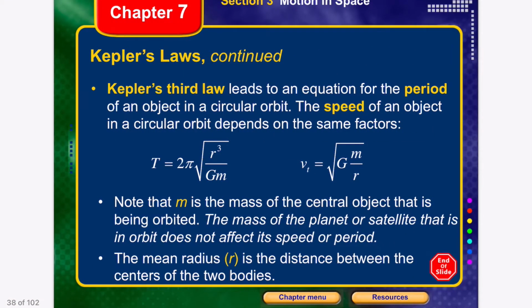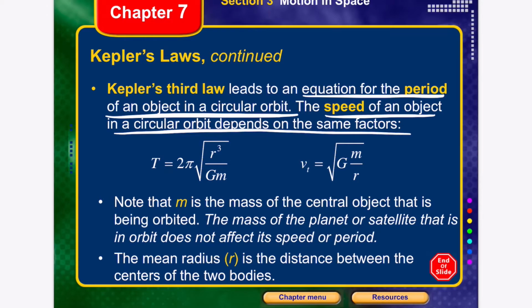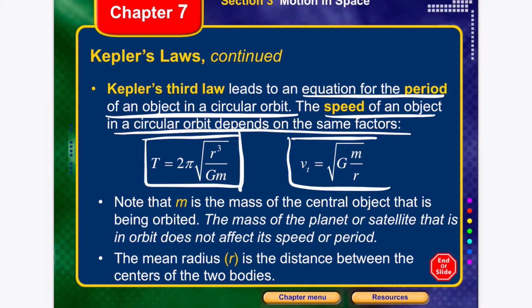Kepler's third law can also lead to an equation for the period of an object in a circular orbit, and the speed of an object in a circular orbit depends on the same factors. The time period can be written as T equals 2 pi times the square root of r cubed by GM, and the tangential velocity can be written as the square root of GM by r.